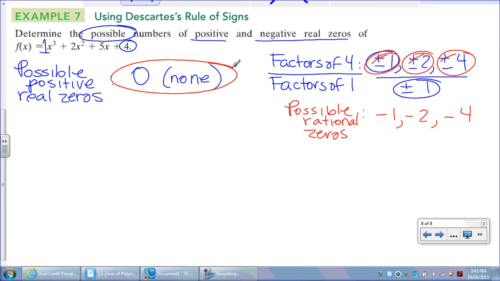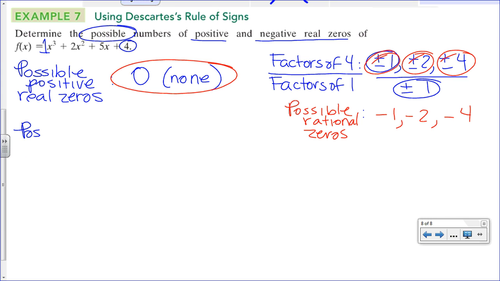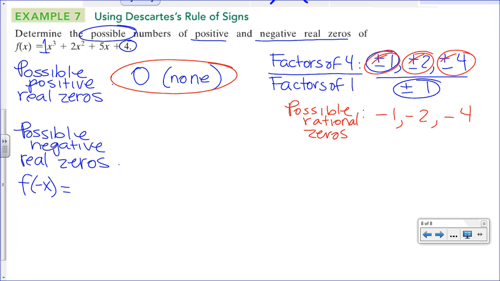Now let's go ahead and find the possible negative real zeros. And so for us to do that, we need to find f of negative x. So remember, we need to substitute every x with a negative x.